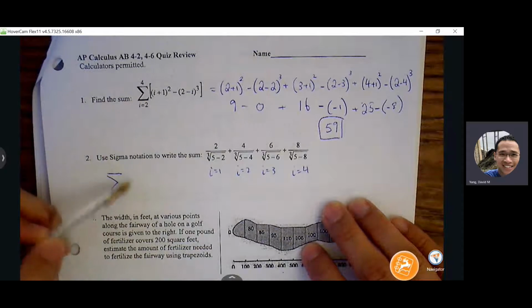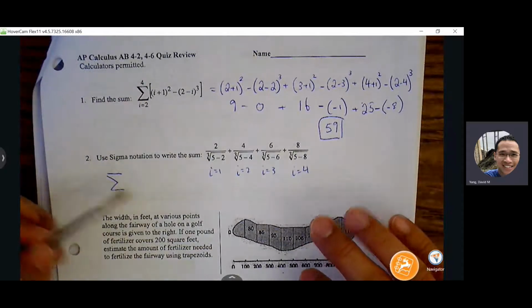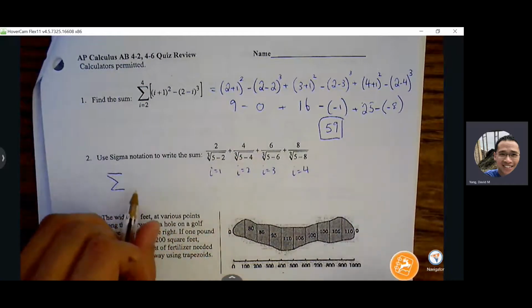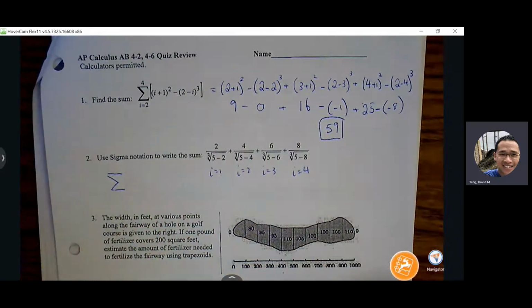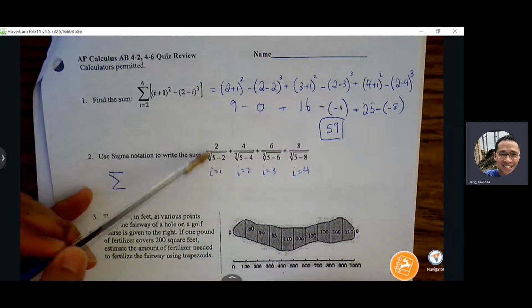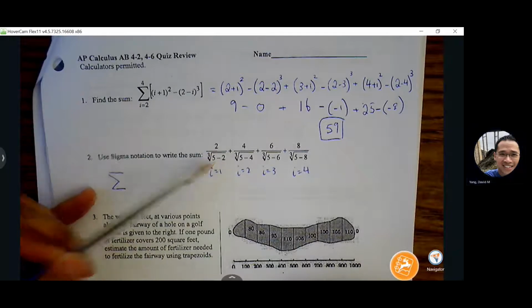Okay. So the way I like to build my expression is I'm just going to copy everything that is not changing. Okay. If it's not changing, then it's always going to show up every time. Okay. So what's going to show up every time is the division, the cube roots, and the 5.